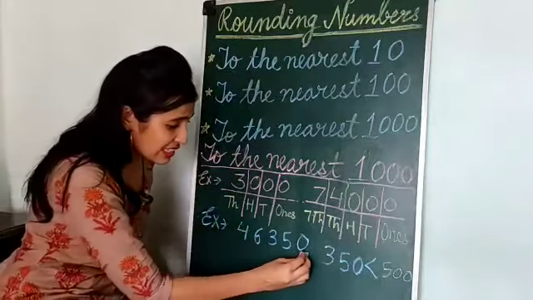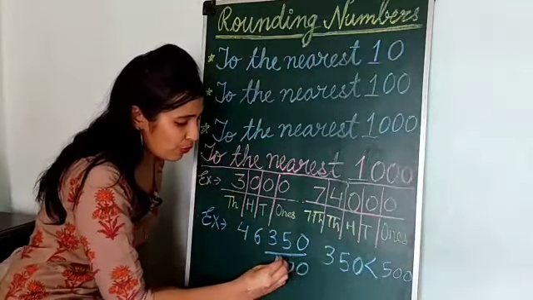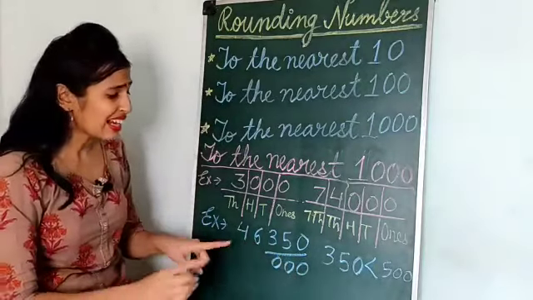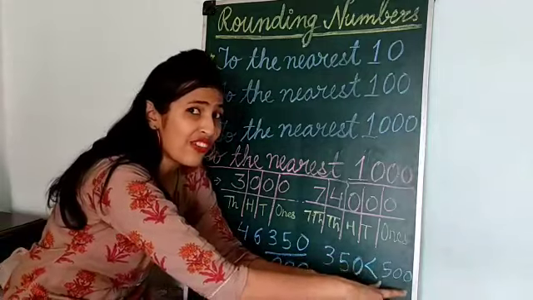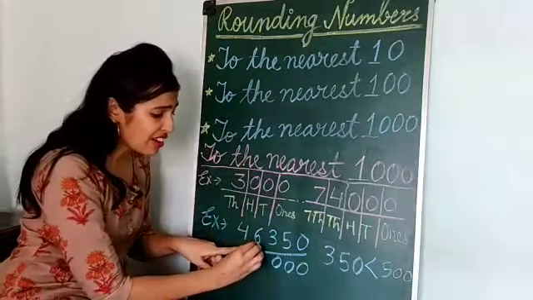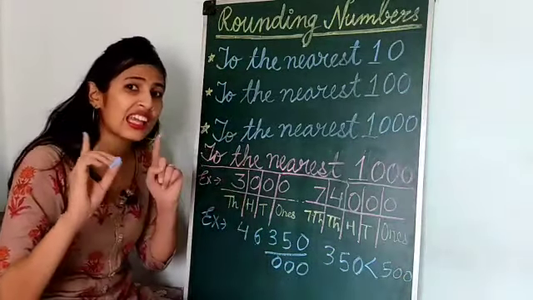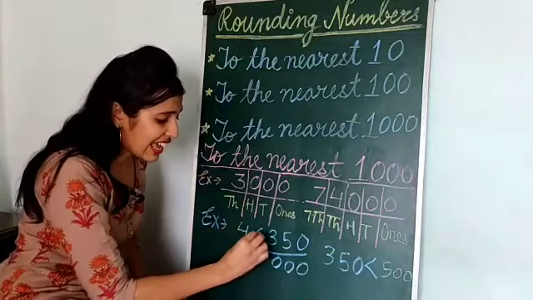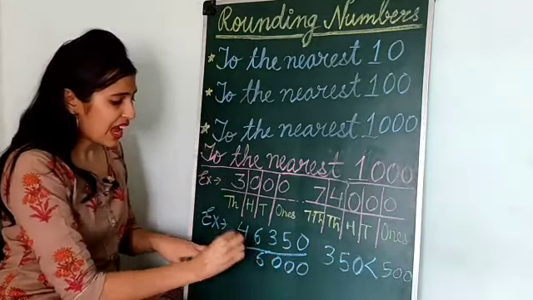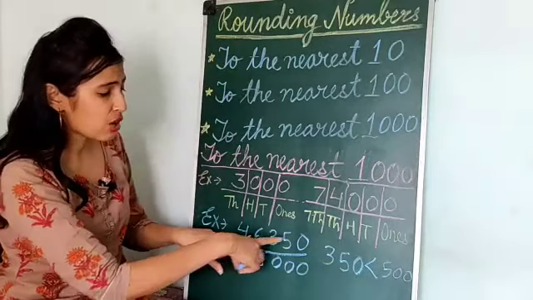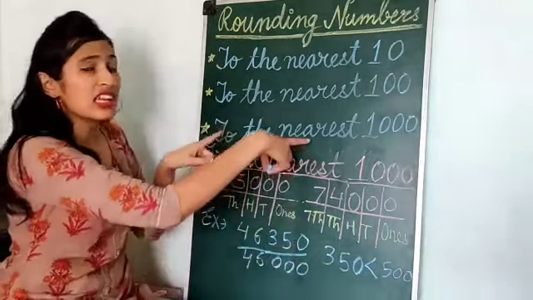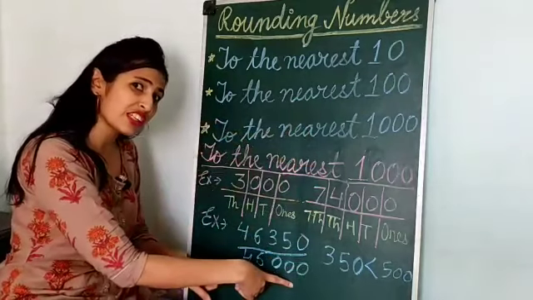I have to write 0 in the place of ones, tens, hundred, and because 350 is smaller than 500, I will not add anything in the 1000 place. I will write as it is 6 and 4. So when we round off the number 46,350 to the nearest 1000, the number will be 46,000.